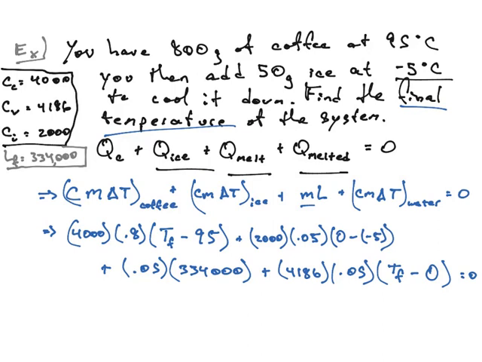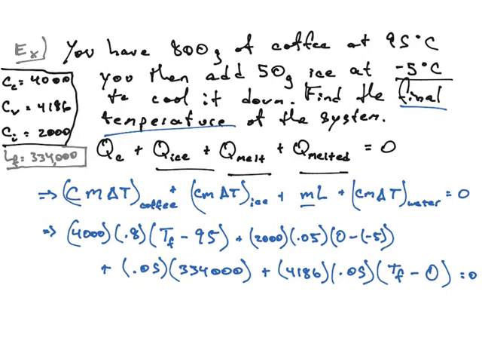So, again, Cm delta T for coffee. I know C for coffee, the mass of the coffee. Final temperature I'm looking for, initial temperature given as 95. Cm delta T for ice. C for ice, 2,000. M for ice, 50 grams. TF minus TI for ice. Well, I know the initial temperature is -5, but for the final temperature, I have to remember, this is the term that gets the ice down to its melting point. So that's 0 degrees.